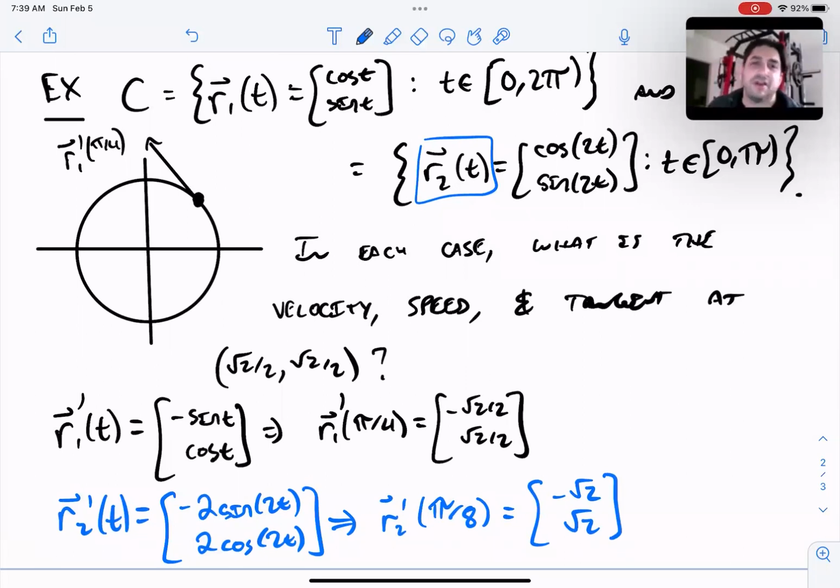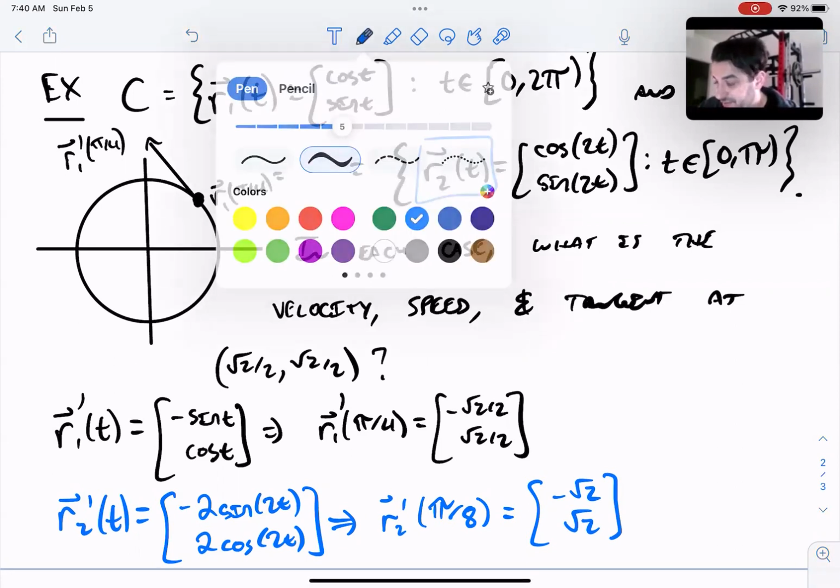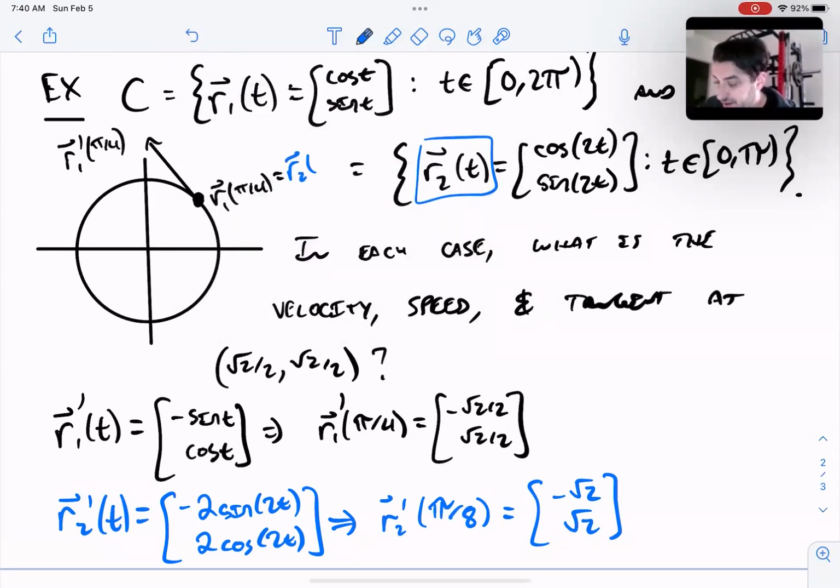And why am I doing pi over 8 as my t value? Well, because this location right here, this is R1 of pi over 4, right? But it's R2 of pi over 8. Right? To get the x and y coordinates to be root 2 over 2, for R1 you have to plug in pi over 4 for t, but for R2, you only have to plug in pi over 8 for t.